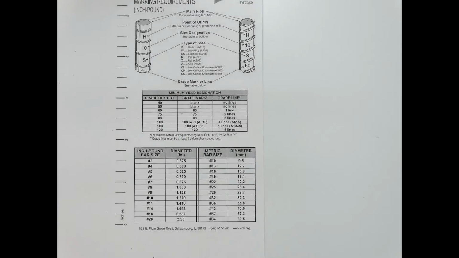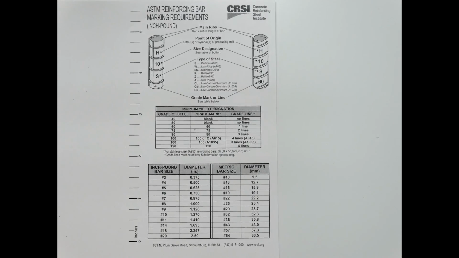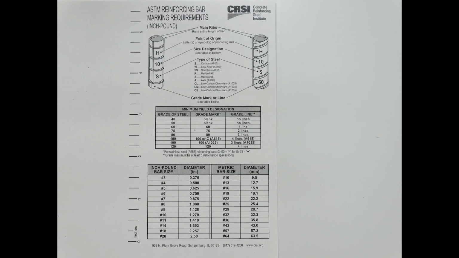That line tells us the strength. So this is a line card or a reference card from the Concrete Reinforcing Steel Institute. I used to get them at trade shows and then give everybody one.